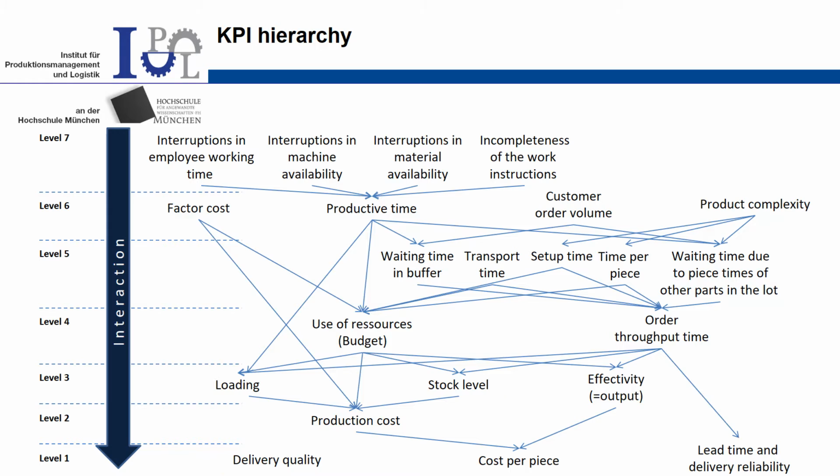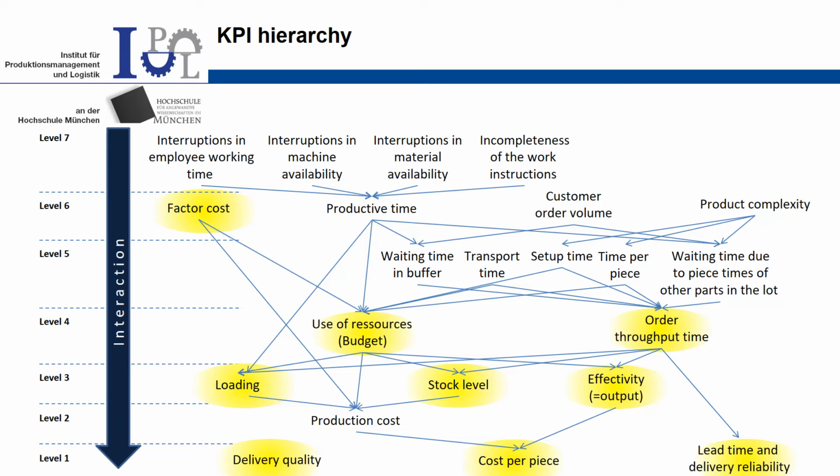So let's mark the key figures we usually use in production lines as we discussed before. These were factor costs, the use of resources, budget, loading, stock level, effectivity, order throughput, delivery time, cost per piece, and lead time.